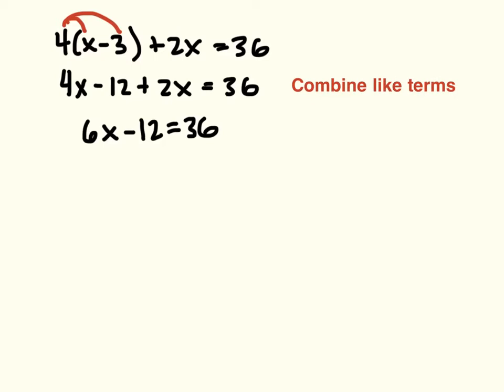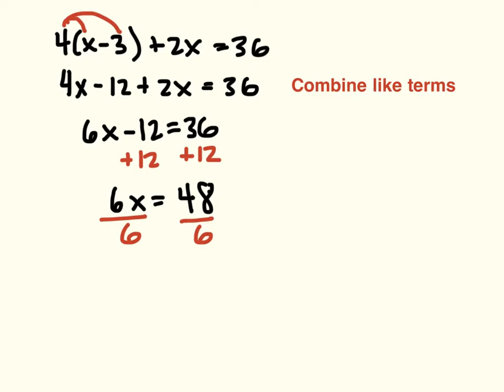Now we're going through the same steps. I need to isolate the variable by adding 12 to both sides. So 6x equals 48. And now that it's being multiplied by 6, the opposite would be dividing by 6. And so 48 divided by 6 gives us x equals 8.